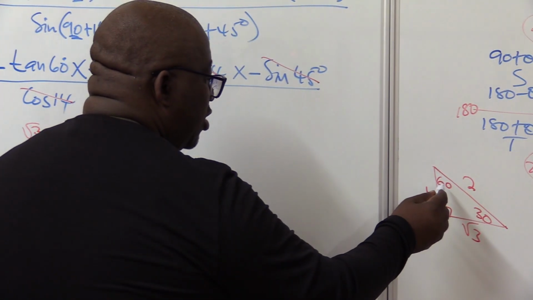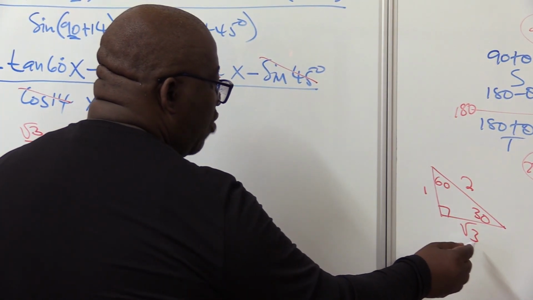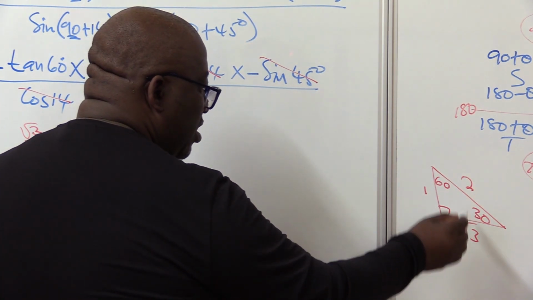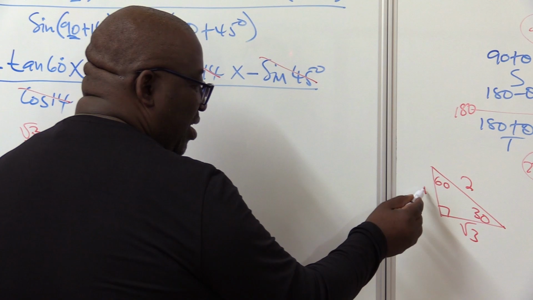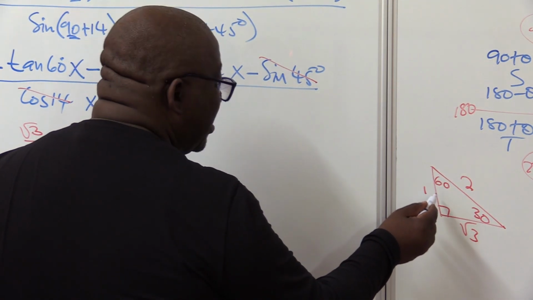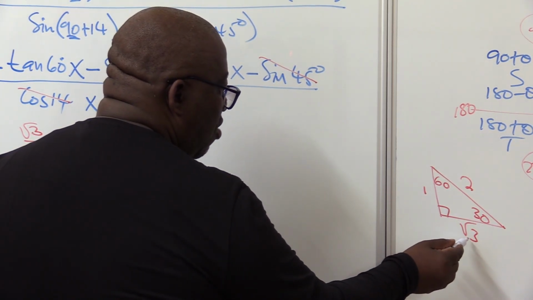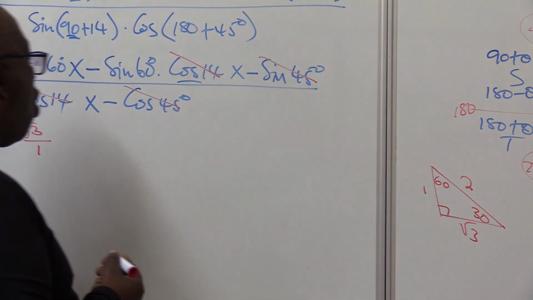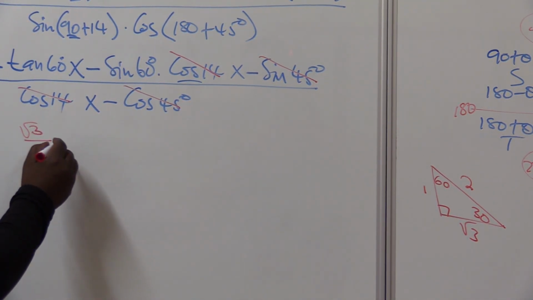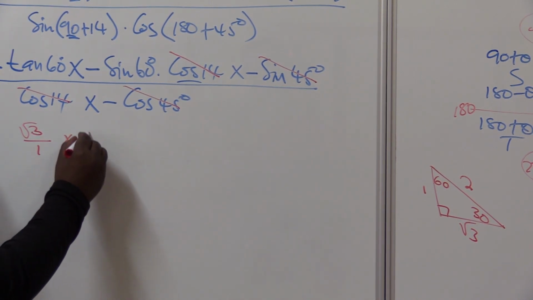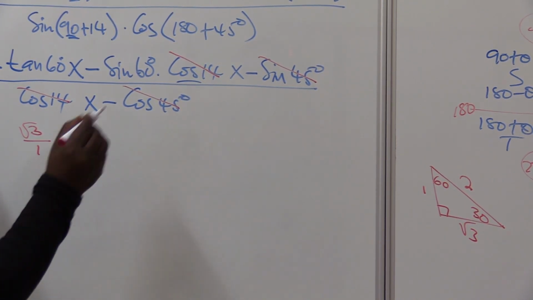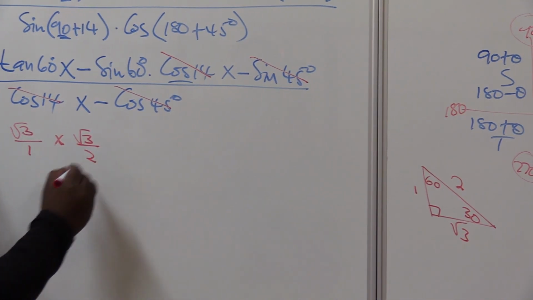So sine 60 will be opposite over hypotenuse. This side is opposite, this one is hypotenuse, this one is adjacent. So this will be times opposite, which is root 3, over hypotenuse, which is 2 in this case.